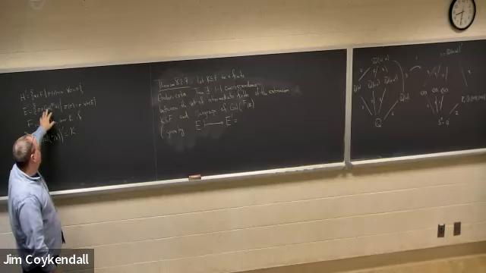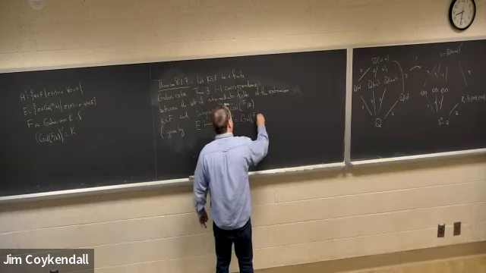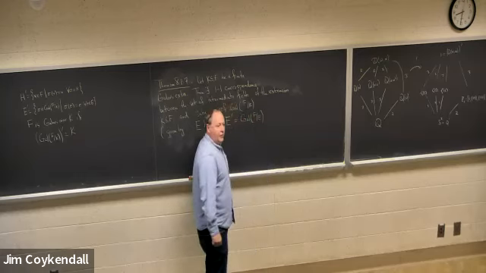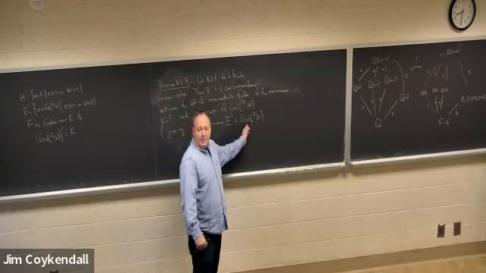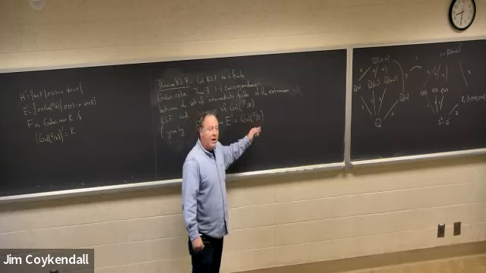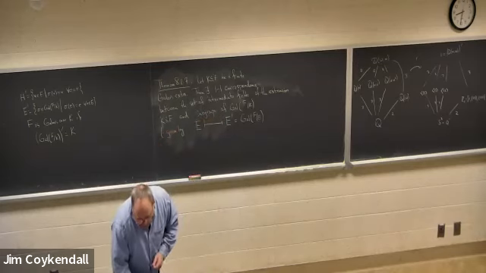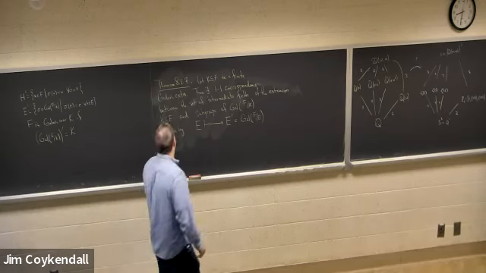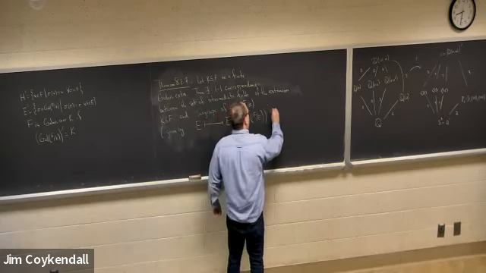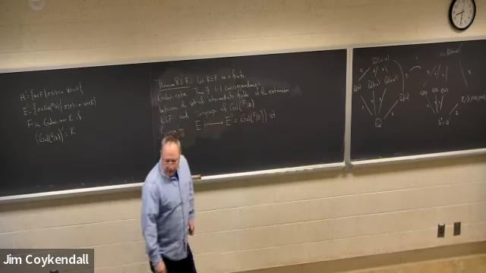So another way that you can write this, actually, this is the Galois group of F over E, right? Because this is the set of automorphisms of F that fix not just K, but all of E, right? Such that the following hold.